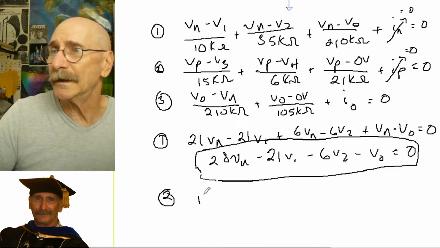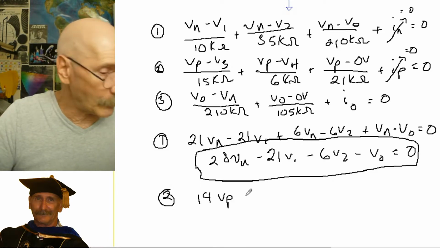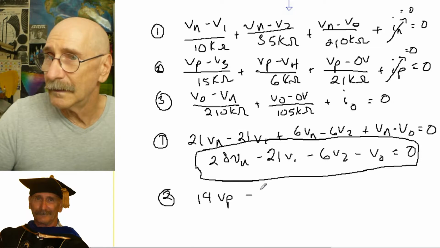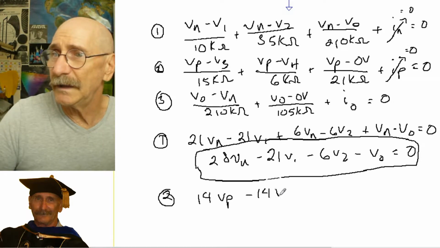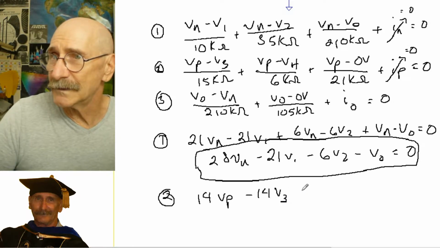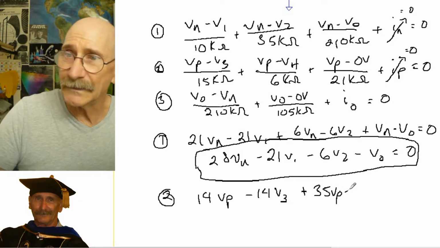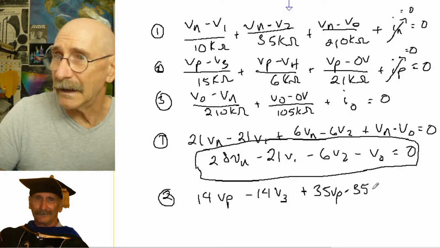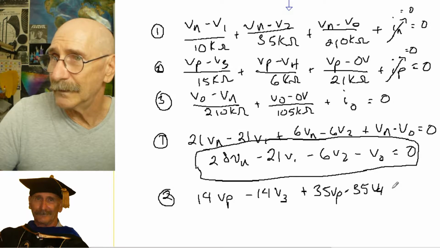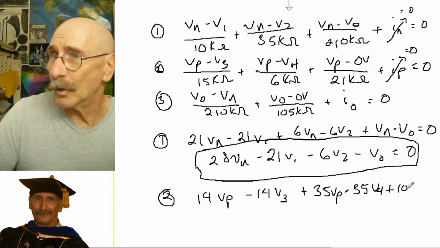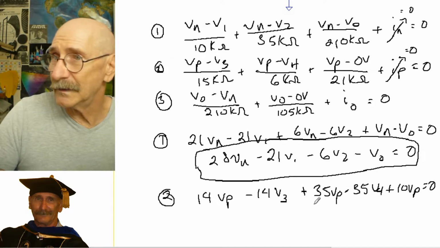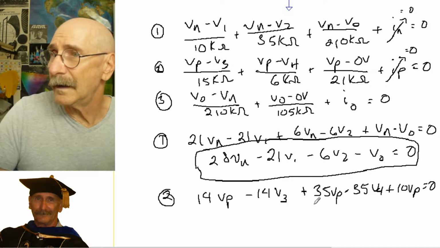Equation 2, when we multiply that by 210K, what we get is 14 V sub P minus 14 V3, plus 35 V sub P minus 35 V4, plus 10 V sub P. All that equals to 0.